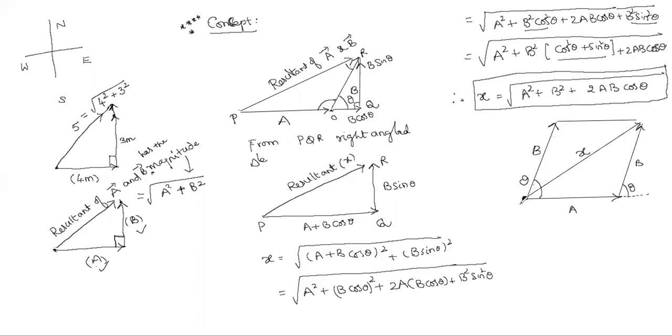So in this parallelogram, A bar and B bar originate from the same point and are taken as the adjacent sides. Am I right? Adjacent sides, making how much angle? Theta. If two vectors are taken as the adjacent sides of a parallelogram and originated from the same point at an angle theta, then the resultant appears like the diagonal originated from the same point.